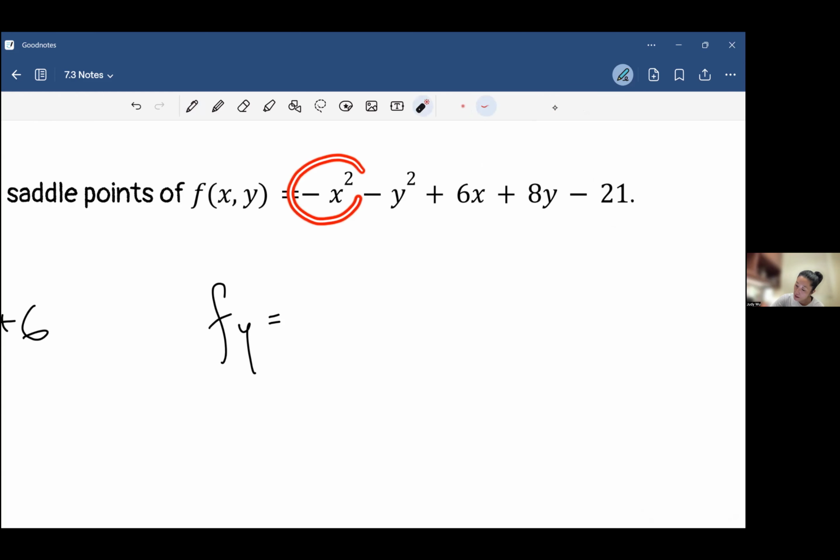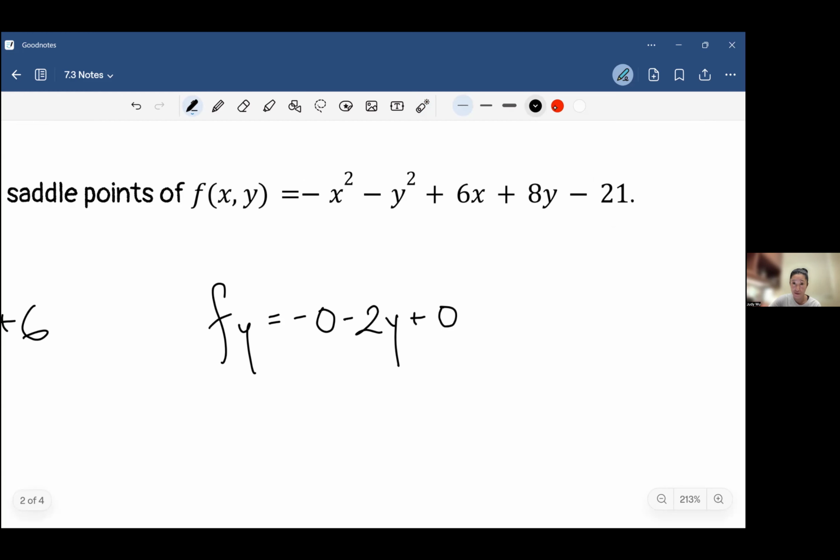So the derivative of negative x squared is 0, minus 2y, because 2y is the derivative of y squared, plus the derivative of 6x is 0, plus the derivative of 8y is 8, minus the derivative of 21, which is 0. When we clean that up, we get negative 2y plus 8.